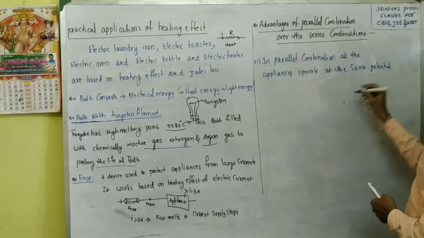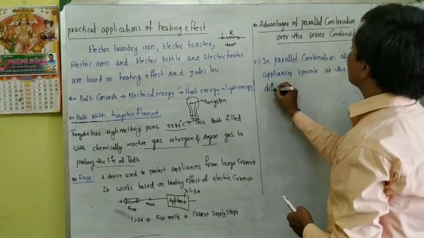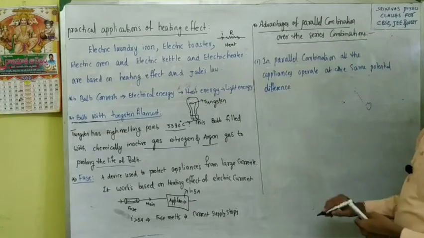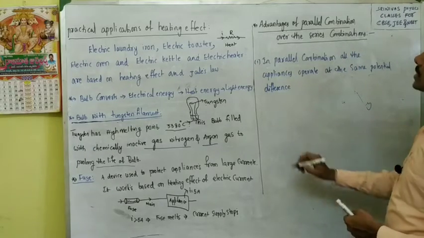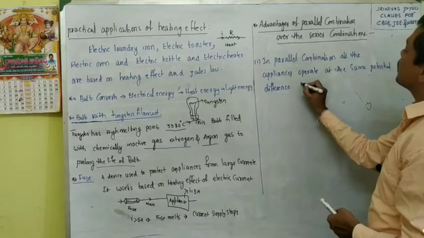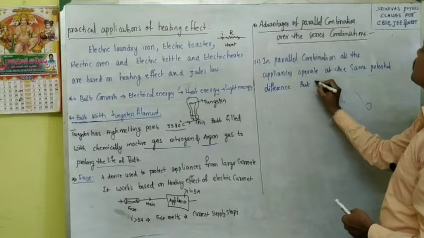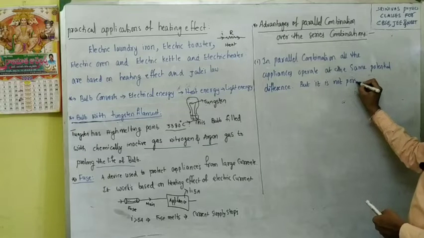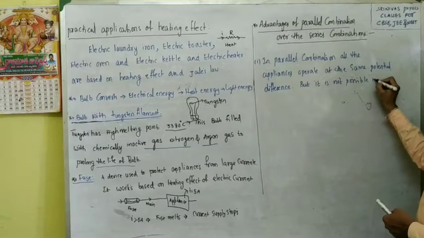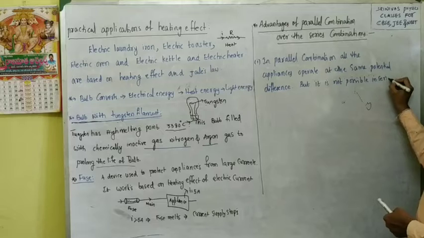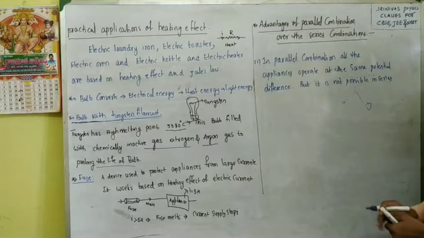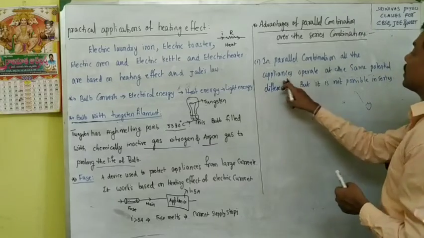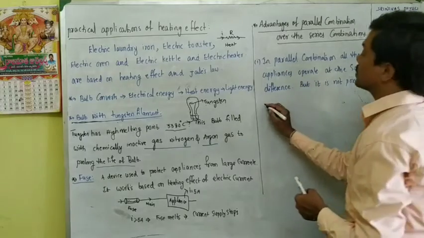You know, in parallel the potential difference is constant, but it is not possible in series. In series the potential divides, and different potentials will be there. In parallel combination, all the appliances operate at the same potential difference.